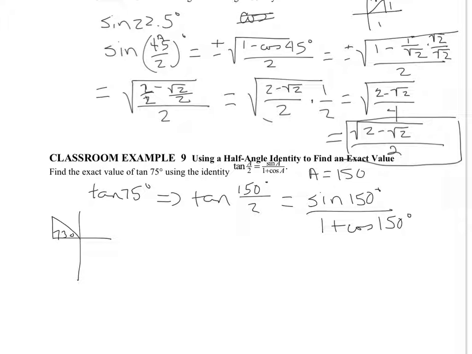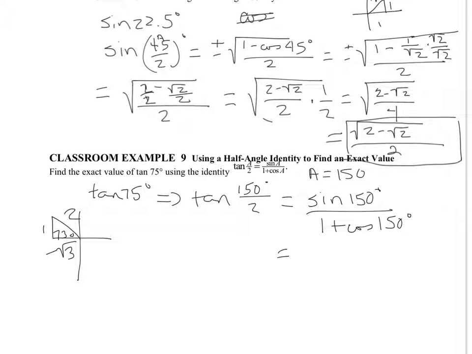All right, let's identify what these side lengths should be for this 30-degree angle. Sine is 1/2. Okay, and is it positive 1/2? Yes. Because this is a positive 1, this is a positive 2, this has got to be what value on this side? Negative square root of 3, right? Okay, so I've got all my side lengths identified, so I can easily find any ratio I need.